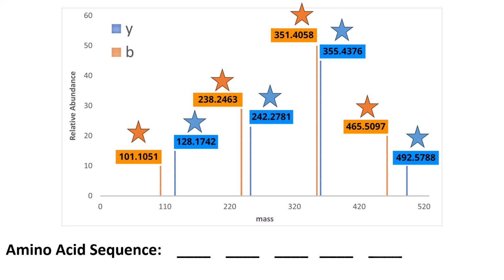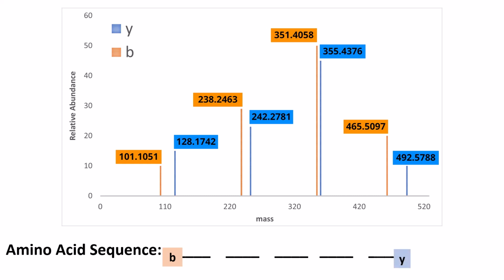To determine the amino acids in the sequence, we need to remember the direction each ion represents in the peptide chain. Since the B ion is associated with the N-terminal of the amino acid, the B ion represents the beginning of the peptide chain. Conversely, the Y ion is associated with the C-terminal of the amino acids and therefore represents the end of the peptide chain.